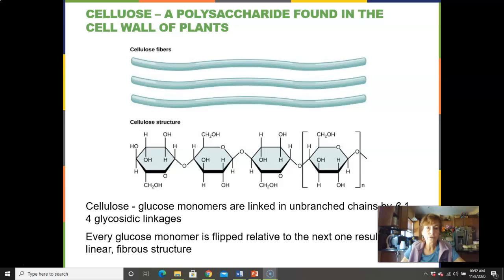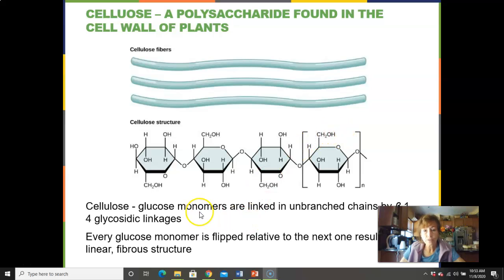Cellulose is also a type of polysaccharide, and if you notice what's going on here, you can see that each of these individual monomer units becomes flipped. Look for this to really show that: this part right here, the CH2OH down here, is on the bottom, now it's on the top, now it's on the bottom, now it's on the top.